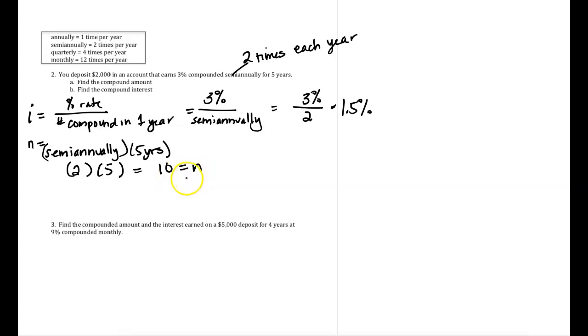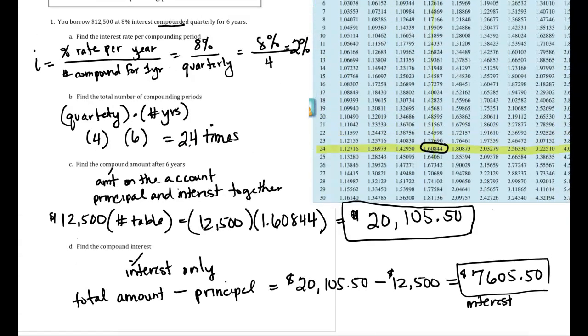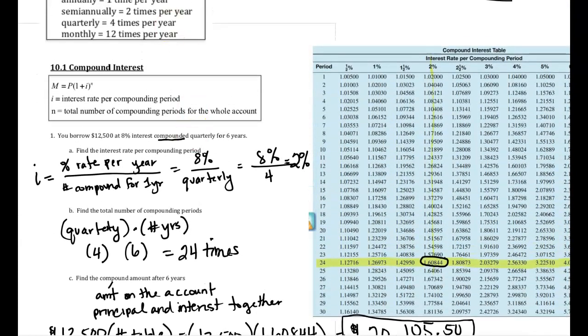Let me go back to our chart, and I'm going to look at the 1.5% for the column and row 10. I'm going to use a different color highlighter here.